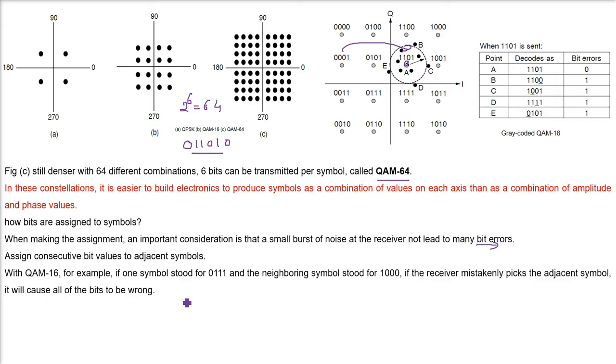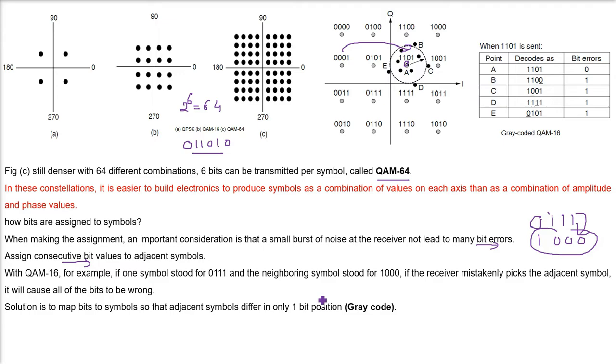For example, in QAM16, let us take the example of the second figure. If one symbol is, say, 0111, and the neighboring symbol is, for example, 1000, and the receiver mistakenly picks the adjacent signal, the whole bit sequence will be wrong.